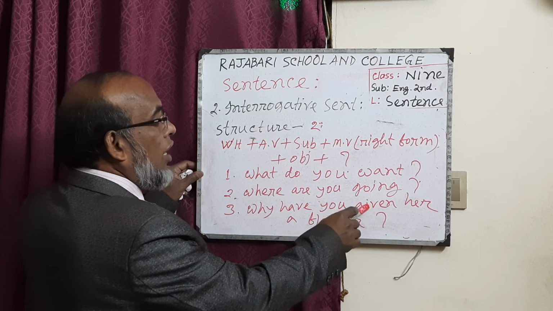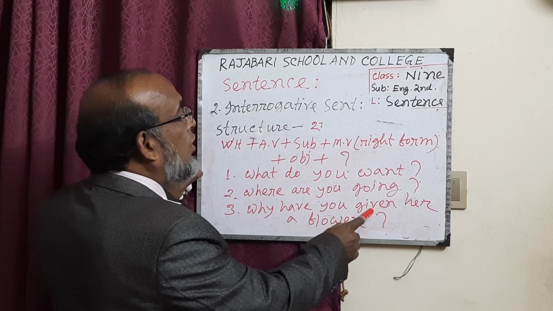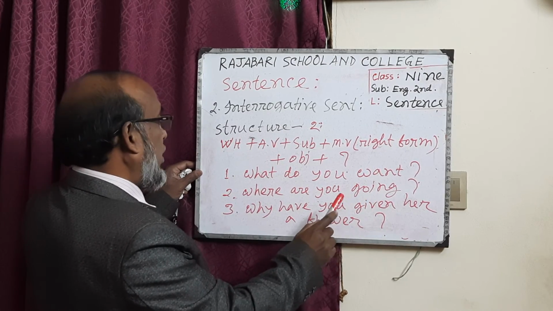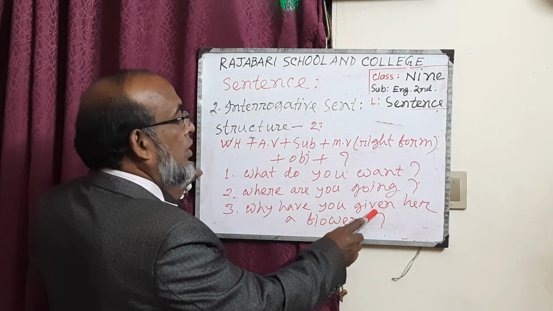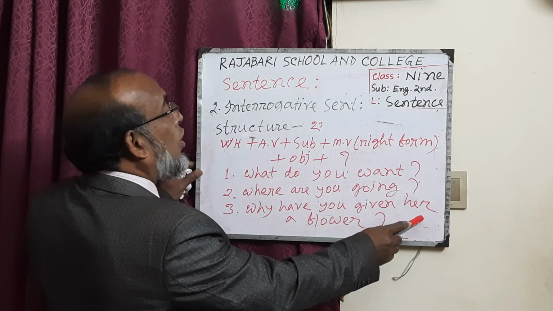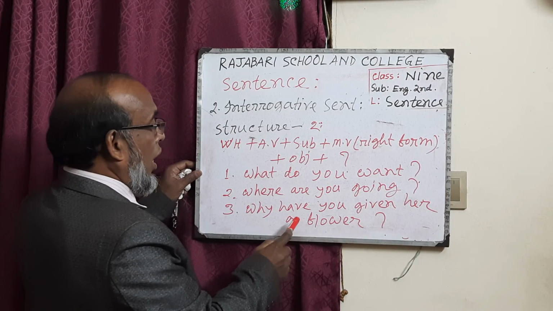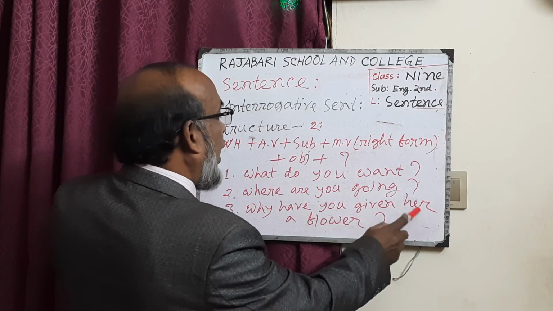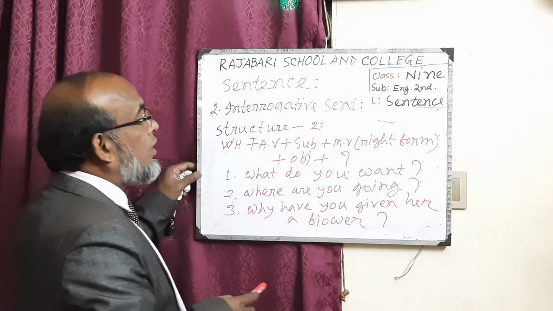This is why here main verb will be verb 3. This is why I have used here given her object, a flower. Here you can see double object, her and a flower.